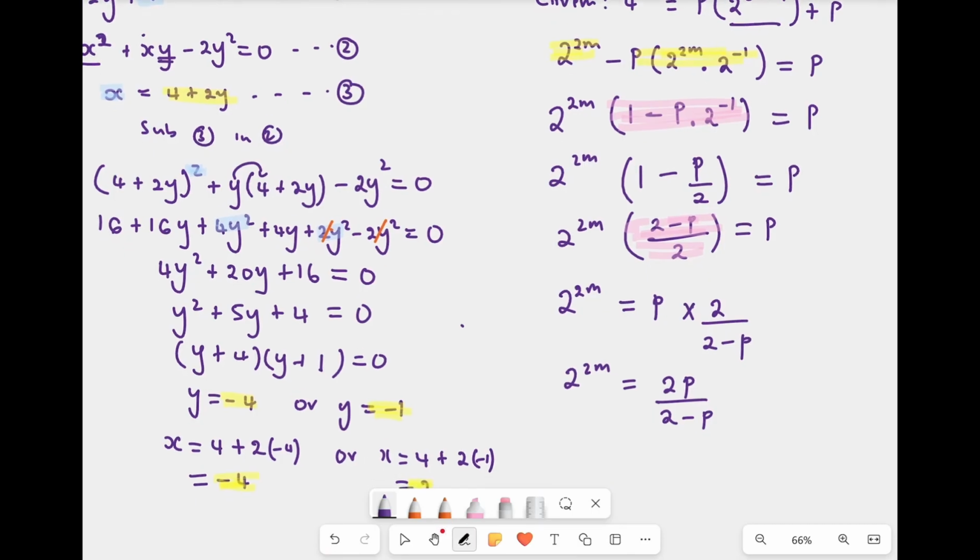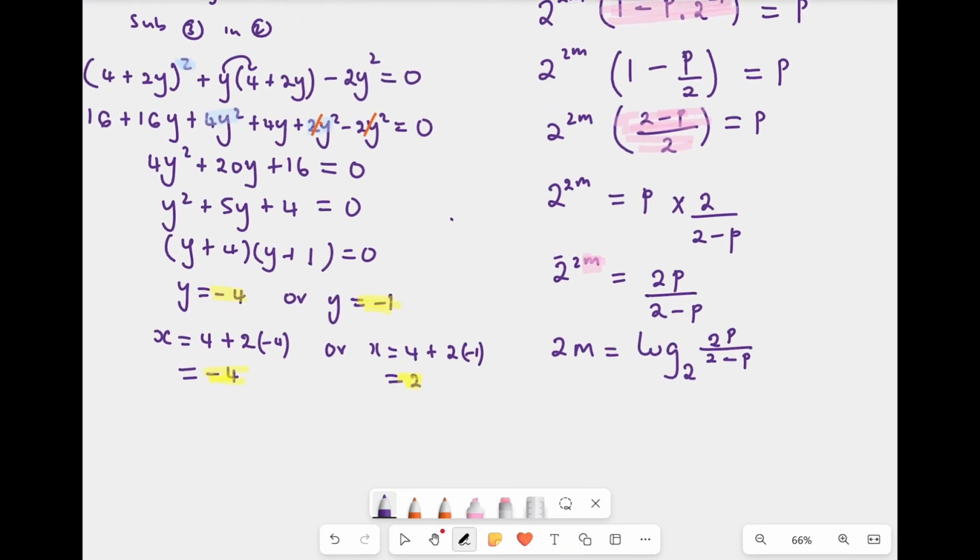Now I can see that m is an exponent, so I need to introduce logs. So here I will have 2m is equal to log. My base is 2 of a number. The number is 2p over 2 minus p. Now I am looking for m.